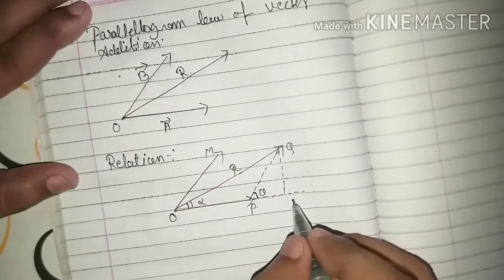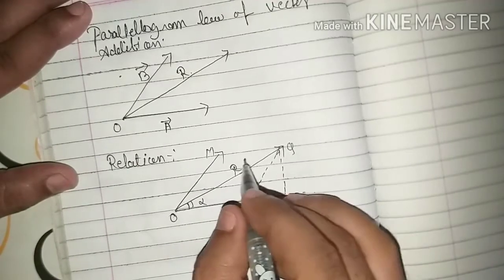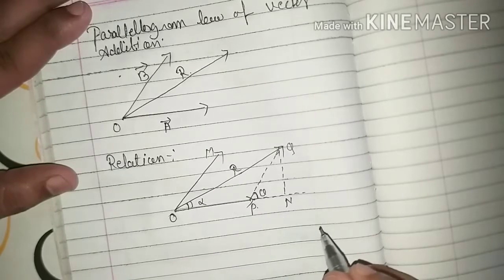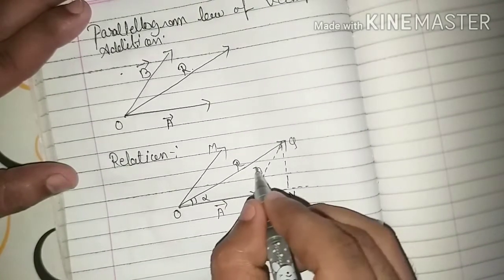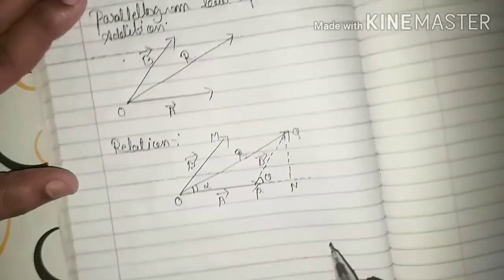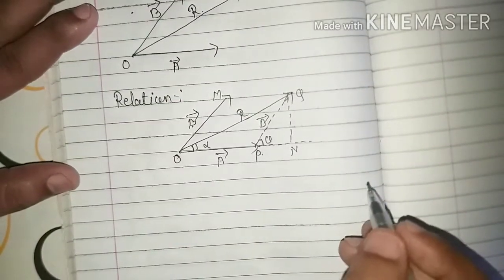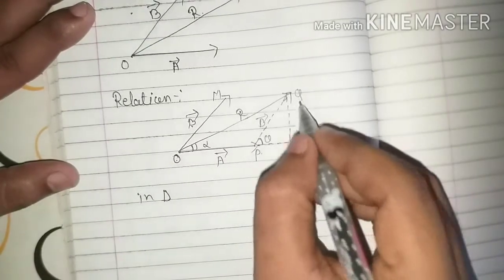This point we call N. This is vector A, this is vector B, and this is also vector B because we have taken a parallel line. Now we are using triangle OQN.